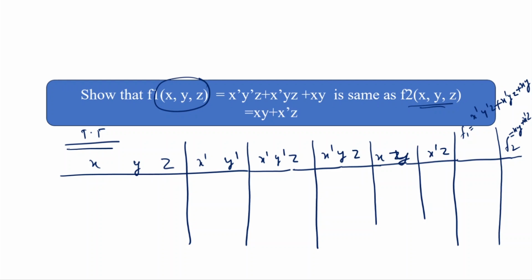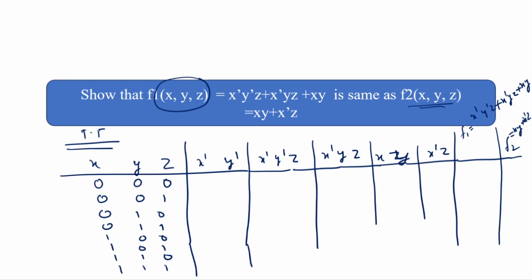Now, what are the possible input combinations? There are 8 possible input combinations, starting from 0 0 0 and going up to 1 1 1: 0 0 0, 0 0 1, 0 1 0, 0 1 1, 1 0 0, 1 0 1, 1 1 0 and 1 1 1, the last combination.